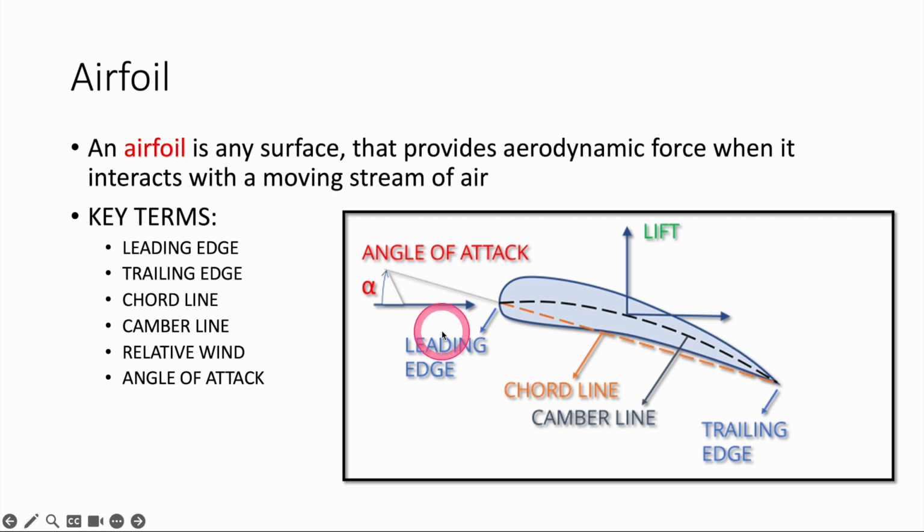So if you were to do a cross-section, like you see right here, and draw a straight line from the leading edge to the trailing edge, you get something called a chord line. So the chord line is this orange dashed line that runs from the leading edge to the trailing edge, and it makes a straight line.